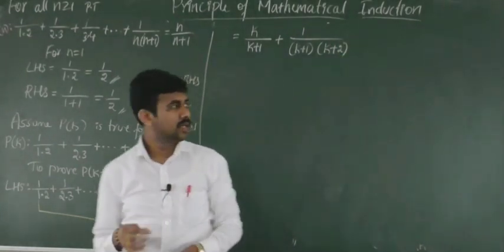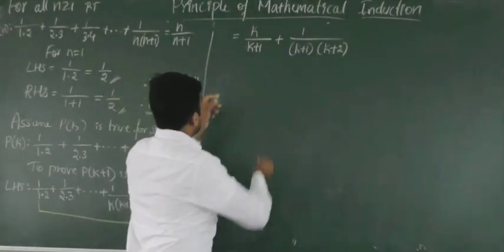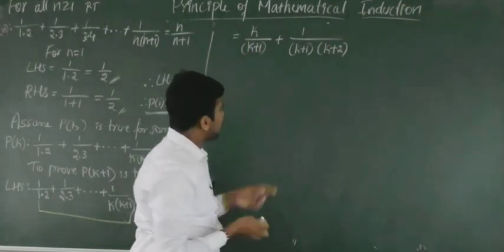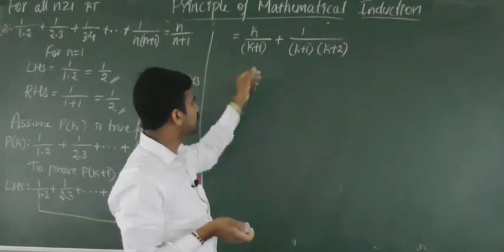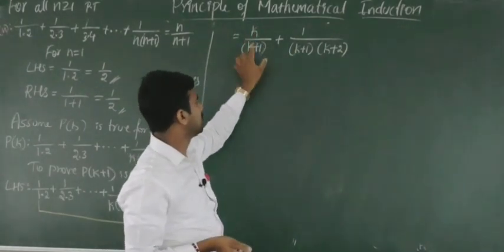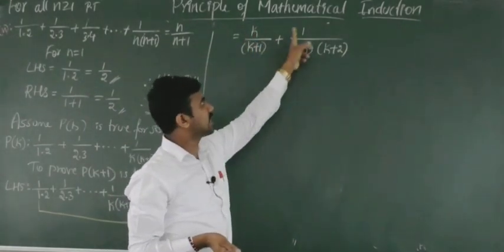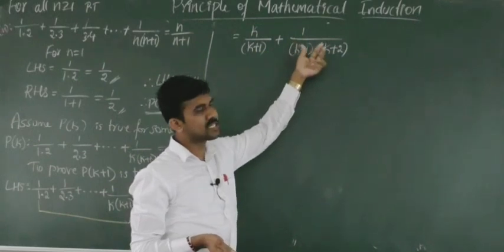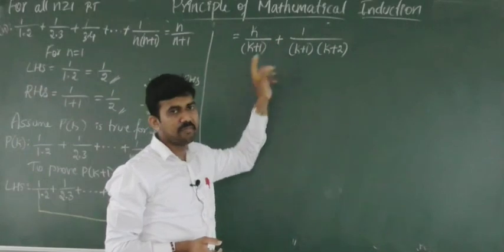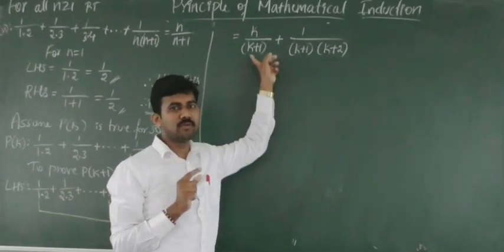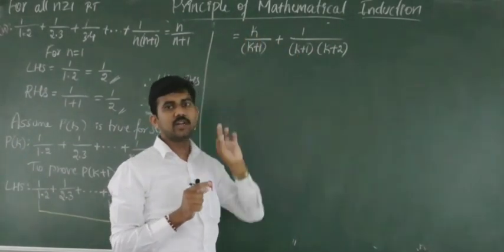Now how to solve this? To simplify, before cross multiplying, just see what is the denominator in the first term, that is k plus 1. In the second term, the denominator is k plus 1 into k plus 2. If we make a common denominator for both terms, then we can operate the numerator easily.